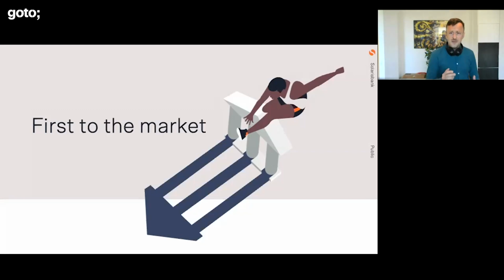Now, at the same time, being a startup and building a bank from scratch, that's not an easy thing to do. One of the early decisions we had to make was whether we build a core banking infrastructure or buy something off the shelf. And with extremely limited resources at our disposal at the time, we realized building would not give us a significant edge over the competition.